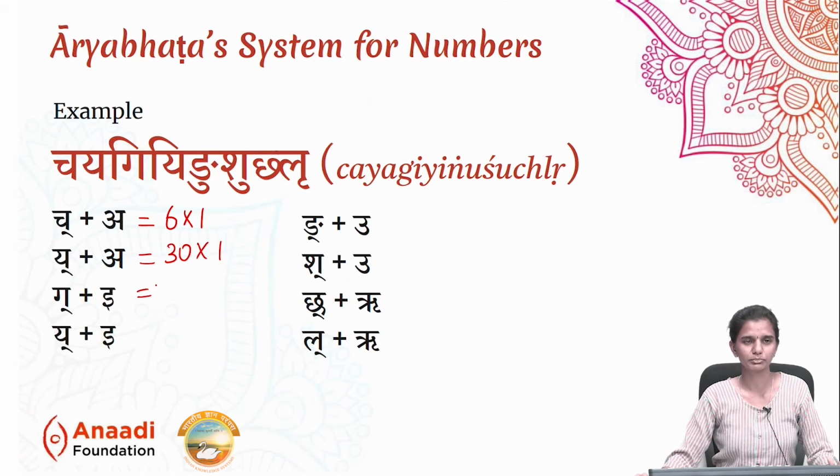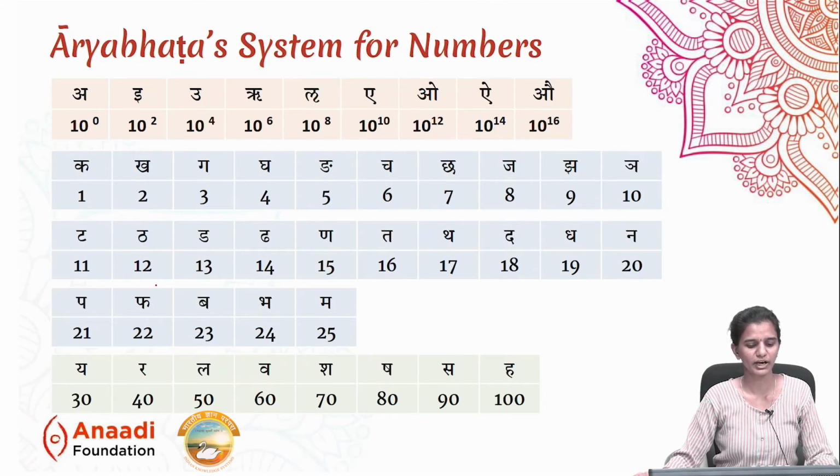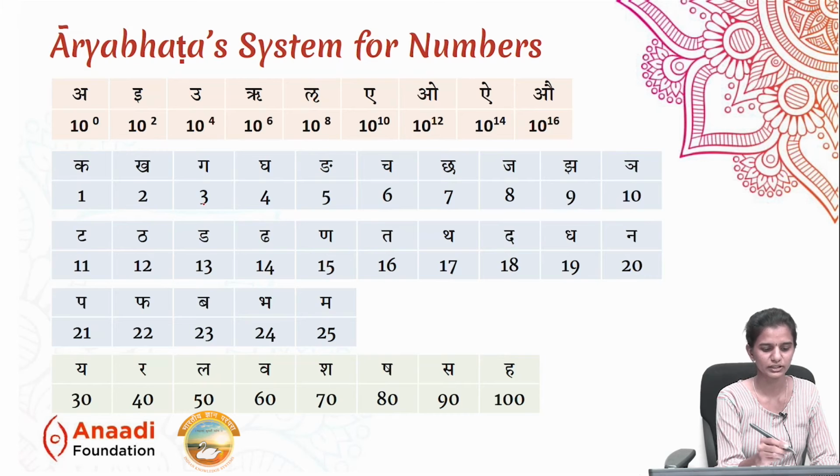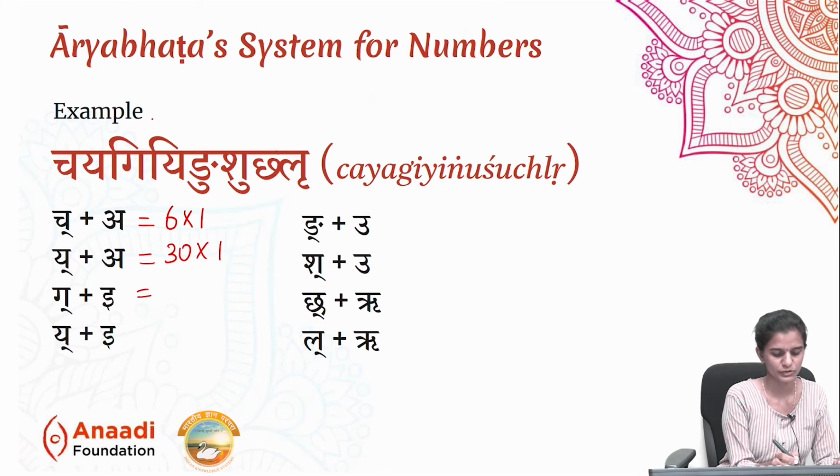Then we have ig plus I. The value of g is 3 and I has the value 10 power 2. So, 3 into 10 power 2.